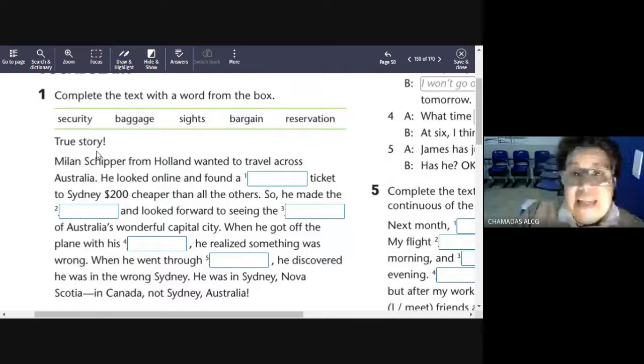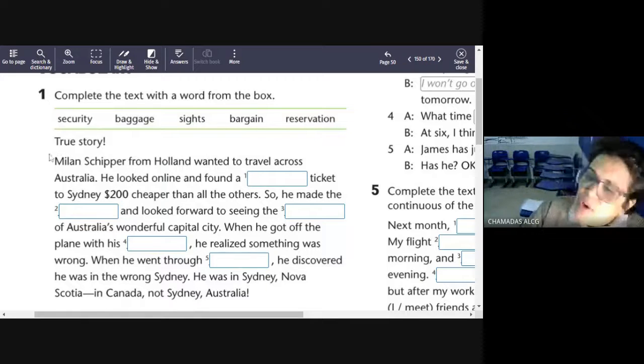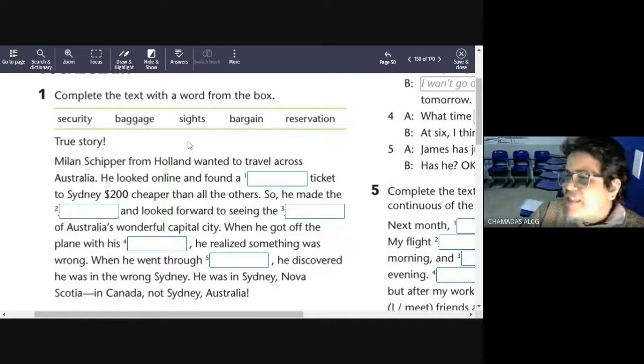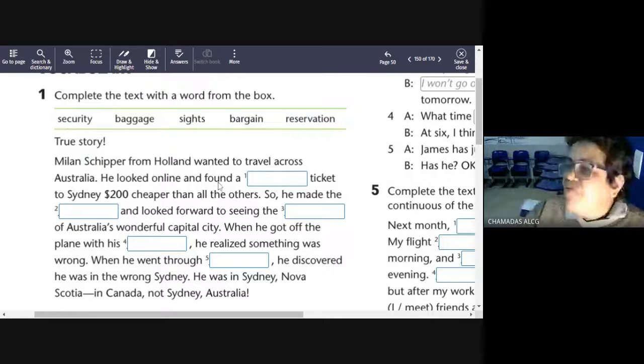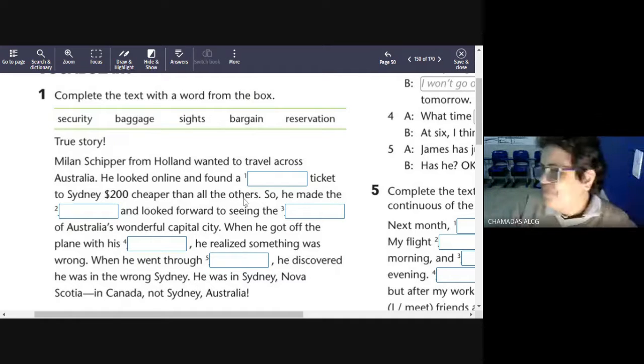And the text starts with the phrase true story. Milan Schipper from Holland wanted to travel across Australia. He looked online and found a ticket to Sydney $200 cheaper than all the others.